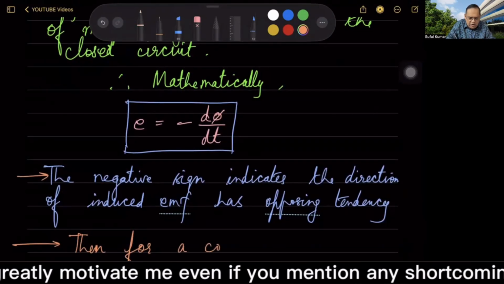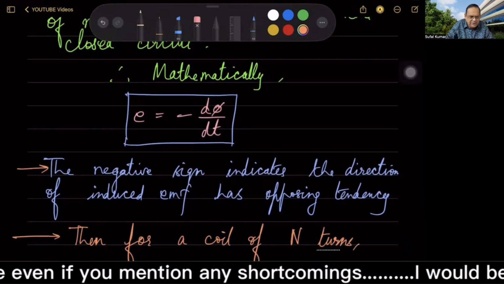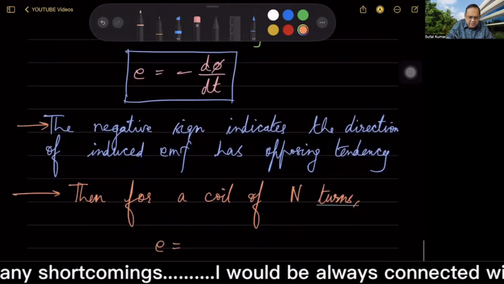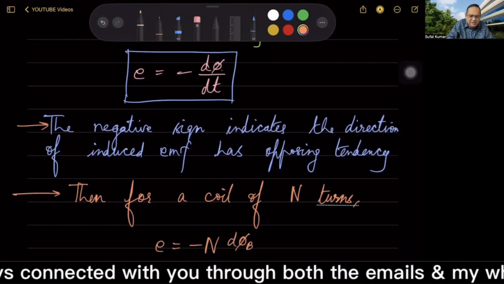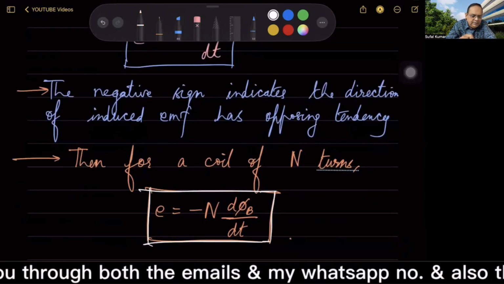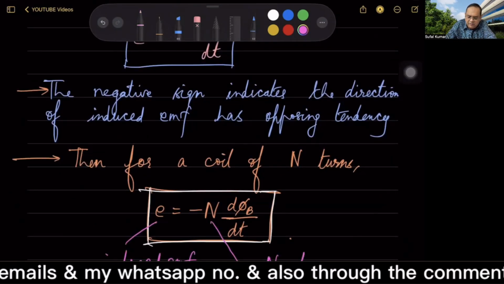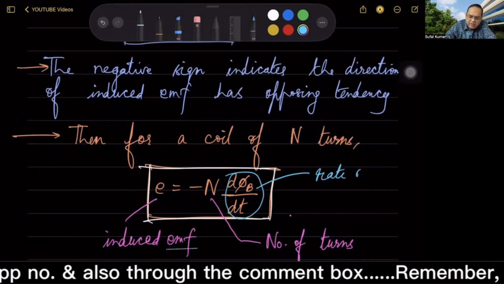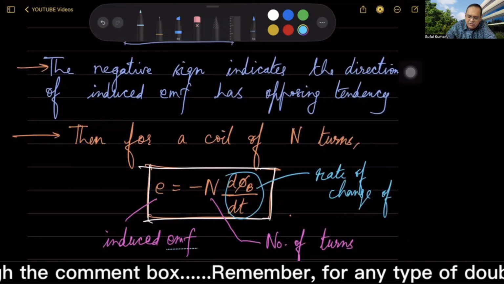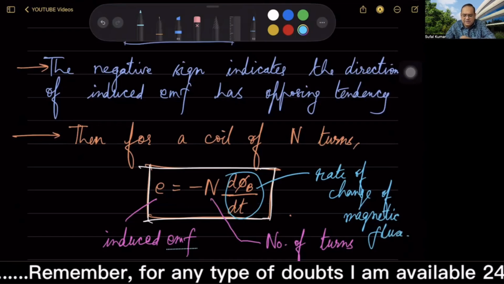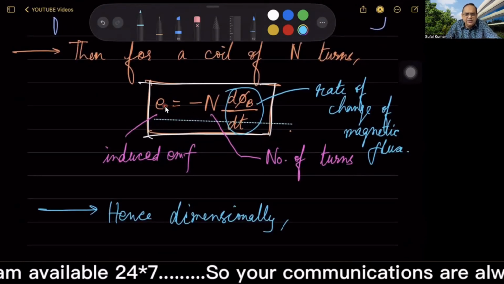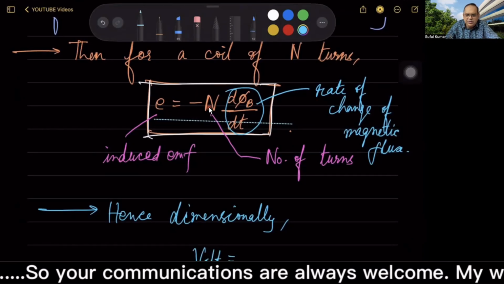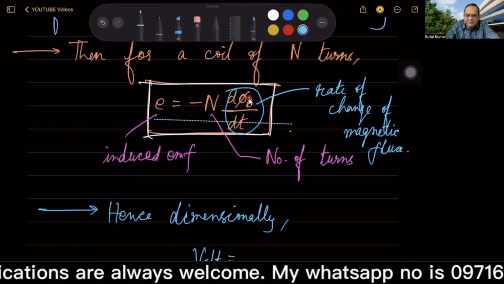For a coil of n turns, E is equal to minus n d phi B by dt. Here E is the induced EMF, n the number of turns, and d phi B by dt the rate of change of magnetic flux. Dimensionally, volt is equal to Weber per second.